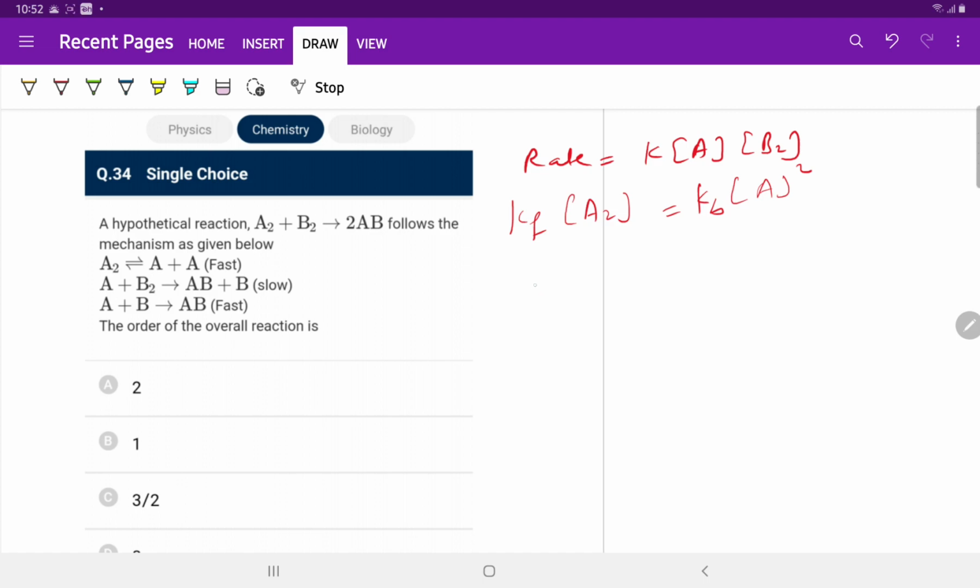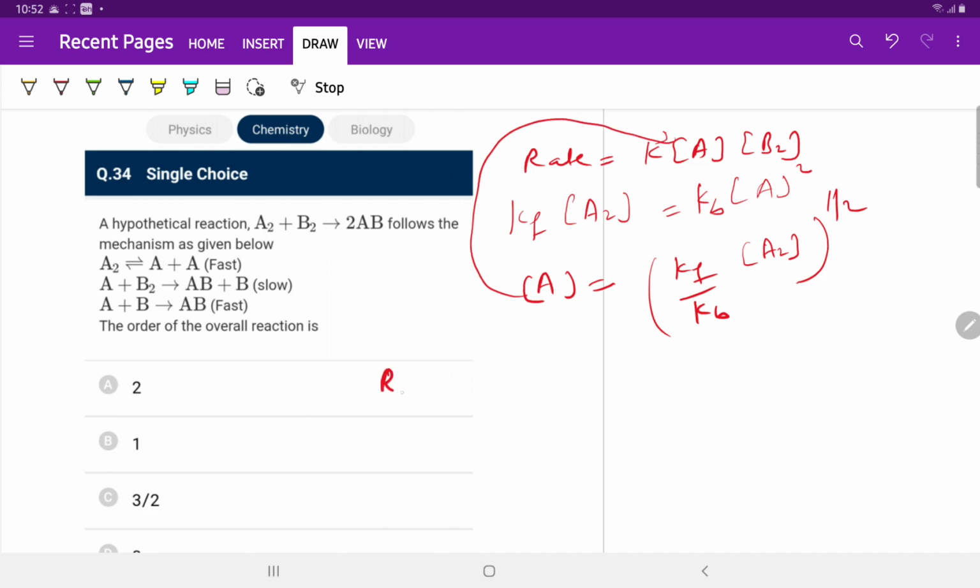The value of A is equal to K forward upon K backward, and A2 under root. The value of A is put in the rate law.